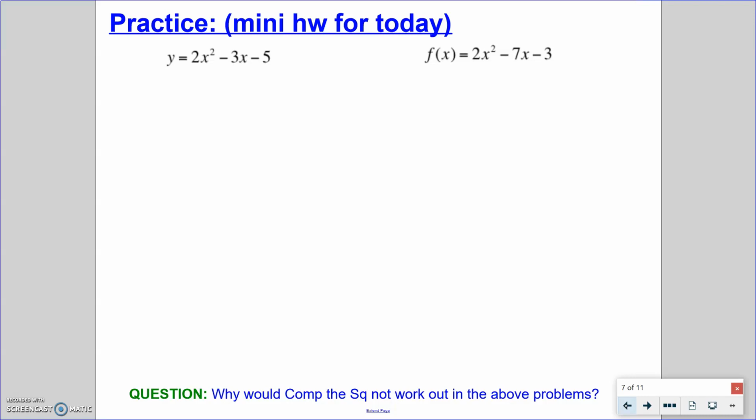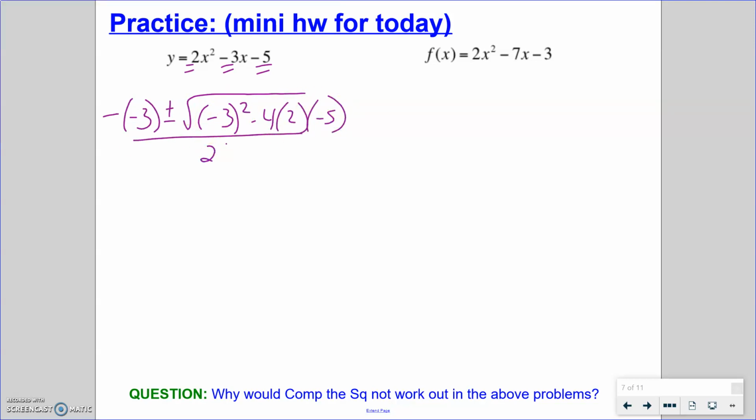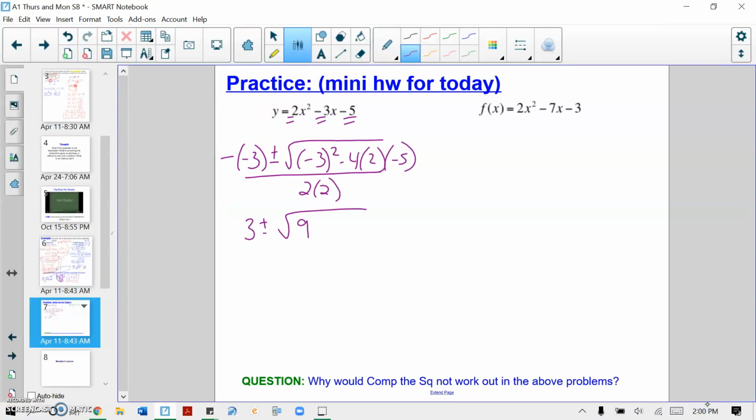All right, so in this case, 2 is A, -3 is B, and -5 is C. So negative B plus or minus the square root of B squared minus 4AC all over 2A. So -(-3) is just 3. This gives me 9. Here's something you have to be careful of right here, you guys.